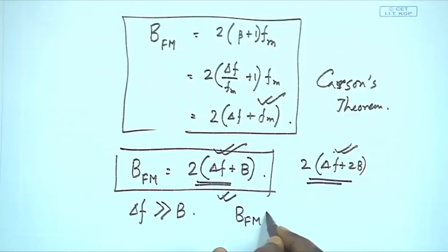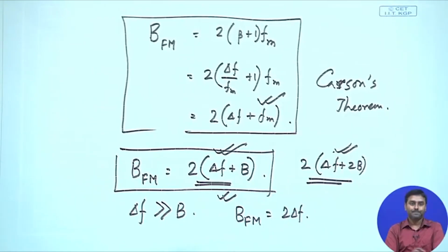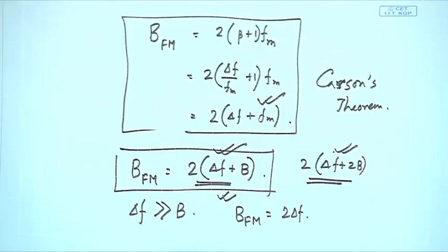On top of that, the bandwidth coming from the actual message signal will be insignificant. So, there I can say BFM is nothing but 2 into the deviation, as long as the deviation is taken from omega c to plus half or minus half, not the whole deviation, then it will be just del f. So, that is something we have already told.